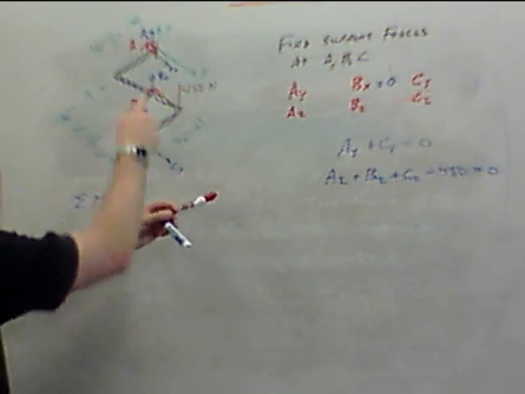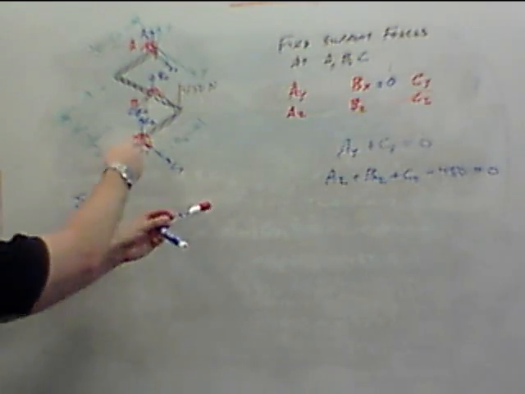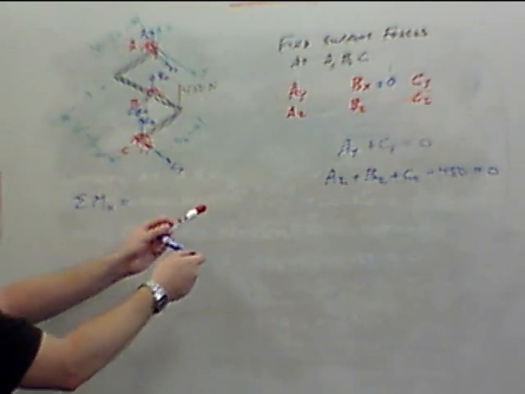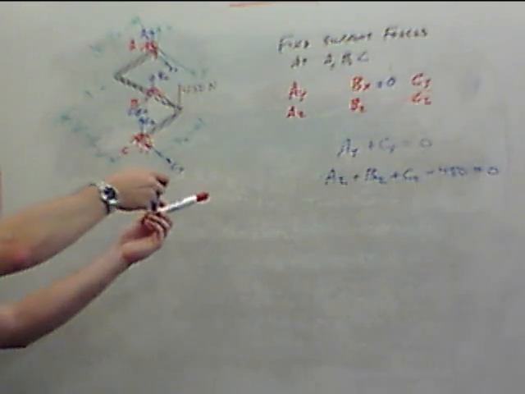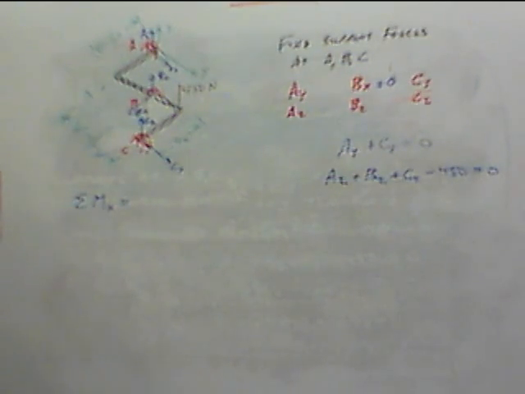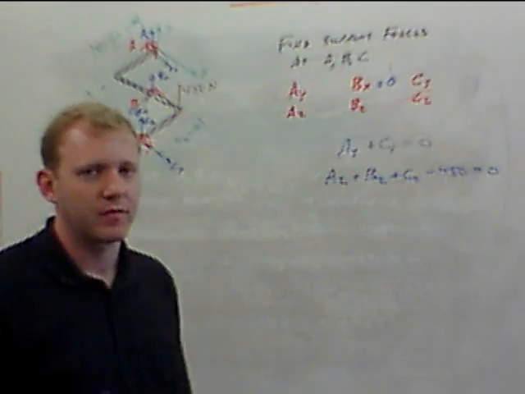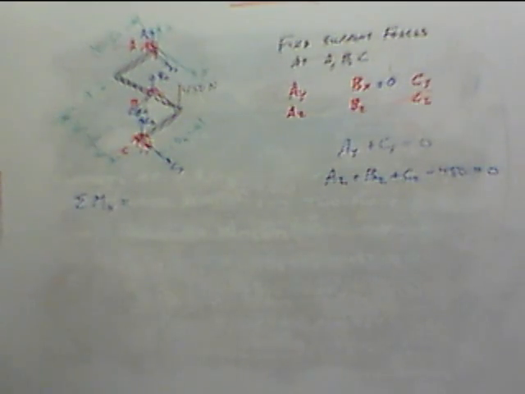Okay, but Bx causes rotation this way, and we go to C. Cy pulls this way, that's not rotation about x. Cz, that's upward, that will be rotation about x. Okay, this is confusing. I know this is sometimes very tough to envision.